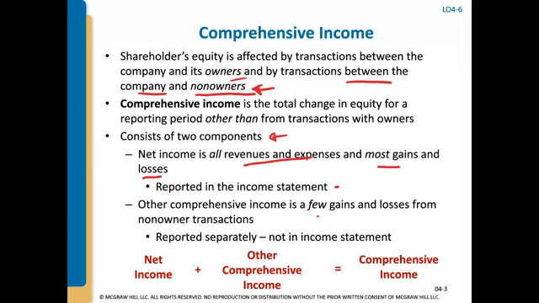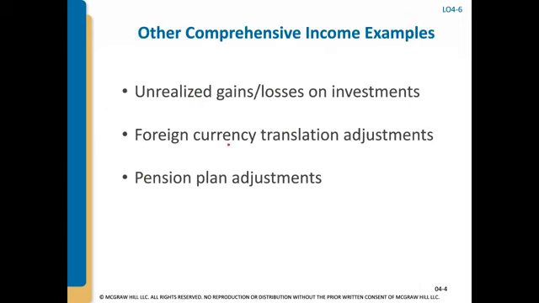There are a few other gains and losses that are not reflected in the income statement and are actually part of what's called other comprehensive income, which you'll also see referred to as OCI. So when you take net income, which is from the income statement, plus other comprehensive income, you get to total comprehensive income.